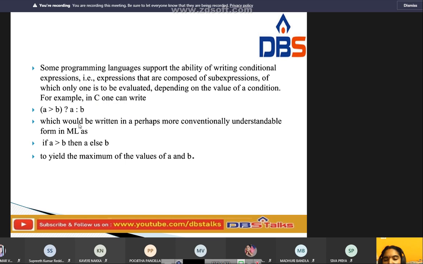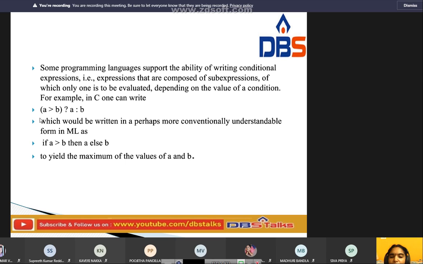For example, in C language we can write: A greater than B question mark A colon B. This expression is called the ternary operator. First you have to check the condition.